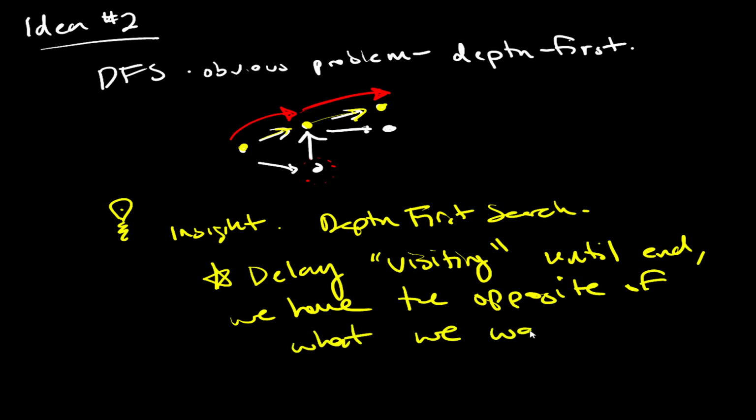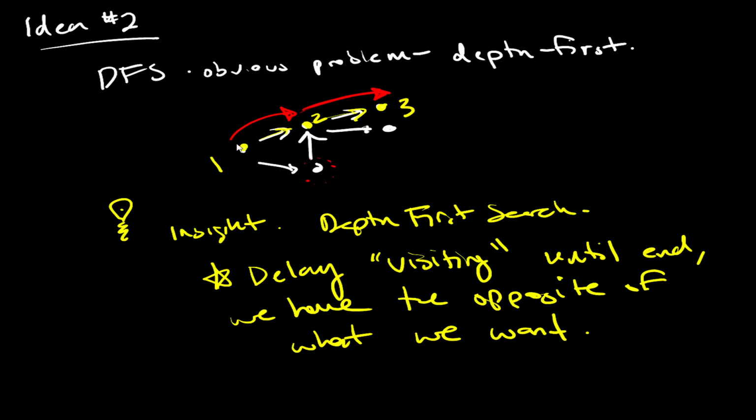So this is kind of abstract, I realize. So if we label these nodes 1, 2, and 3, and we do not delay the visiting, if we just immediately visit and then recursively visit the children, we would see 1 first, and then 2, then 3, but we'd have the same problem as breadth first search, right? Where we wouldn't be incident edge aware.